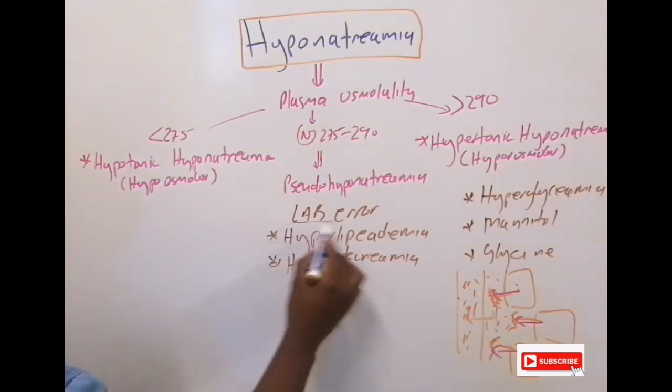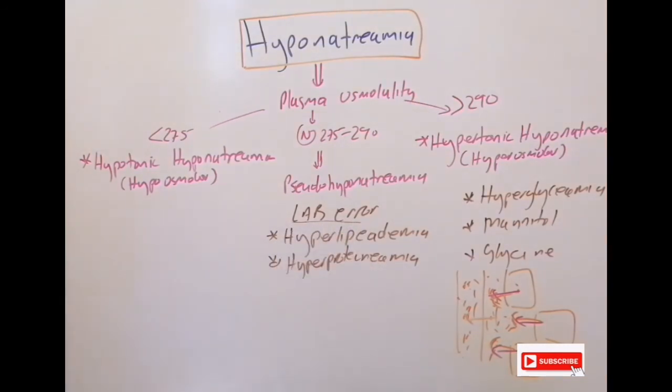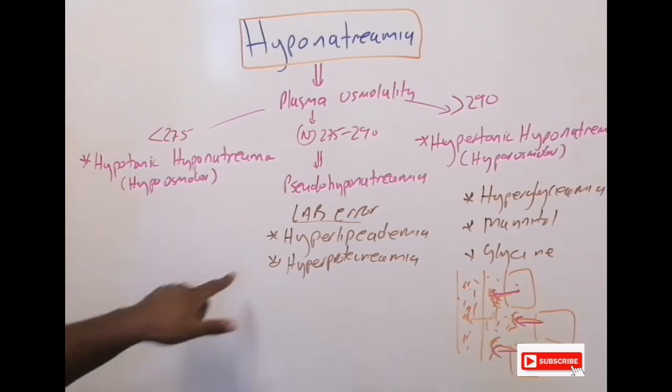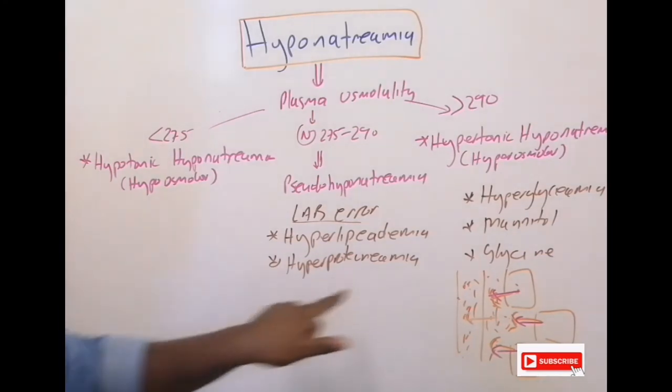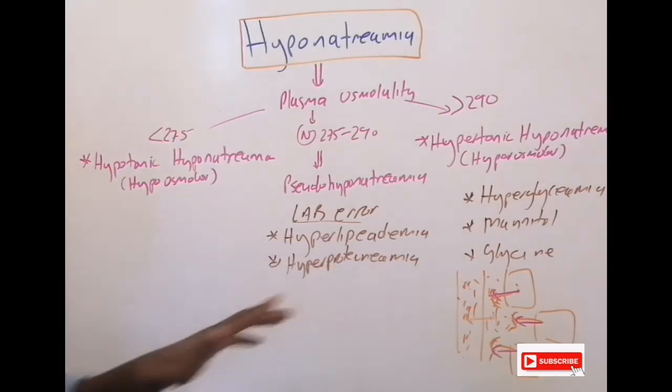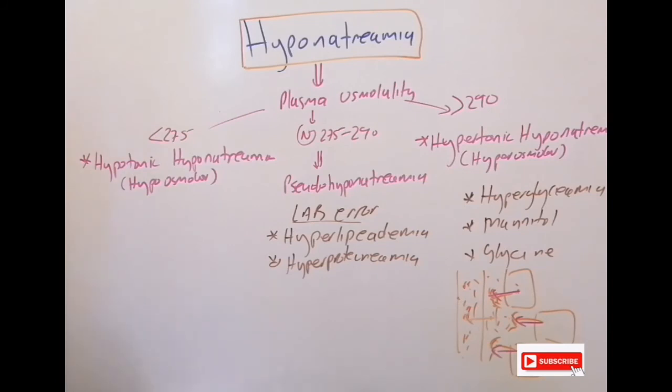Apparently in the lab there are various ways of calculating the concentration of sodium in the plasma. So there are techniques that give you a wrong reading. They give you a low sodium reading when the sample has hyperproteinemia or hyperlipidemia. That's why it's called a lab error.